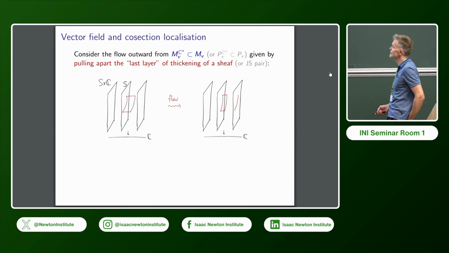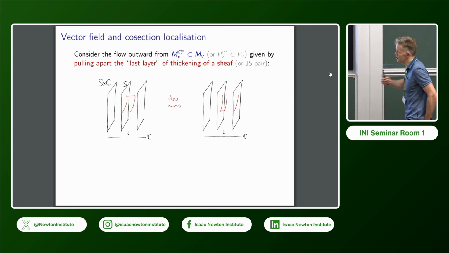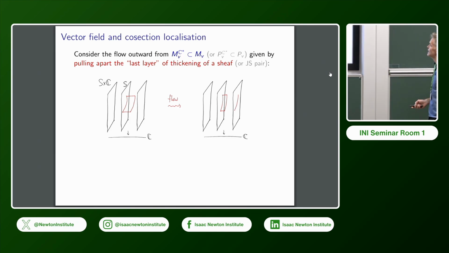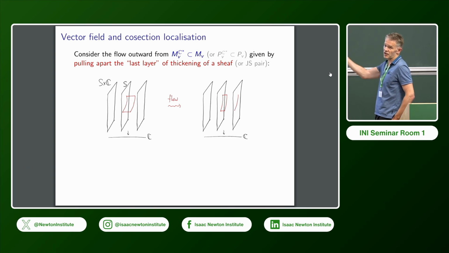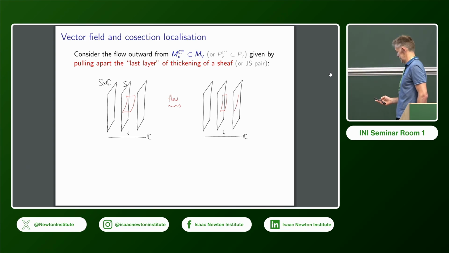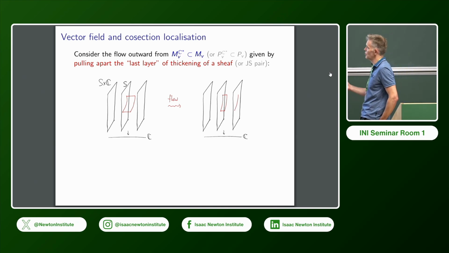Okay, so why do the other terms not contribute, like the one I've drawn over there? So this is this double cosection argument. This is a strange construction if you've not seen it before. What you do is there's a certain flow you can define, here just schematically on the moduli of sheaves or pairs.